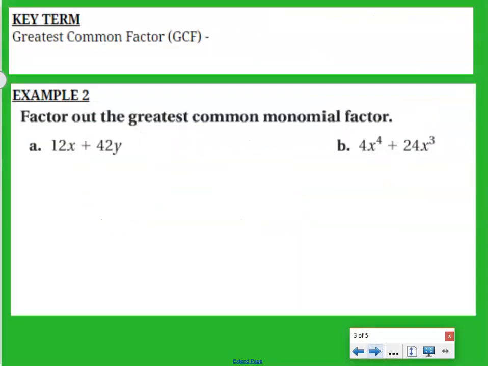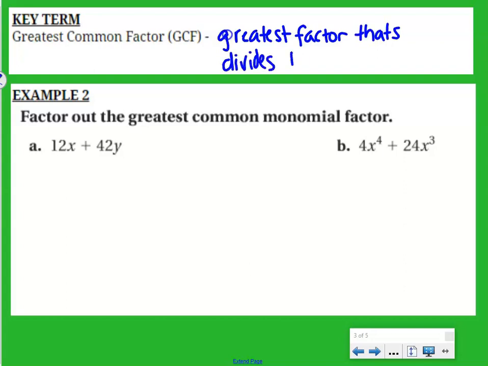Key term, greatest common factor. Our definition for that is the greatest factor that divides two numbers.